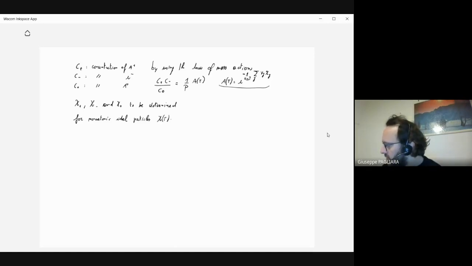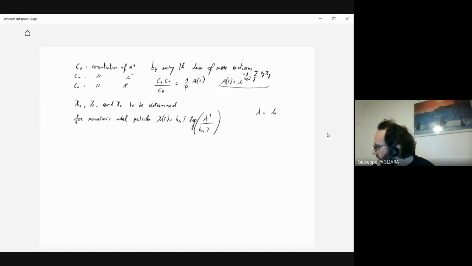Chi of T was equal to kBT logarithm of lambda cubed divided by kBT, which can be written also in terms of temperature, to make the temperature dependence more explicit. So lambda is the thermal de Broglie wavelength, which is provided by this formula, h divided by the square root of 2 pi m kBT in general.